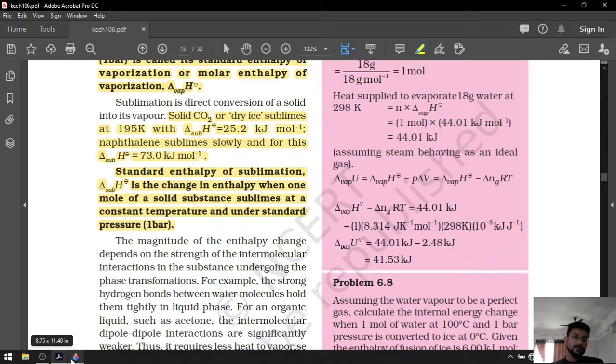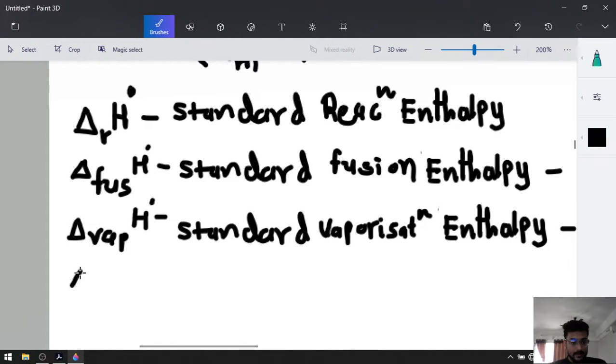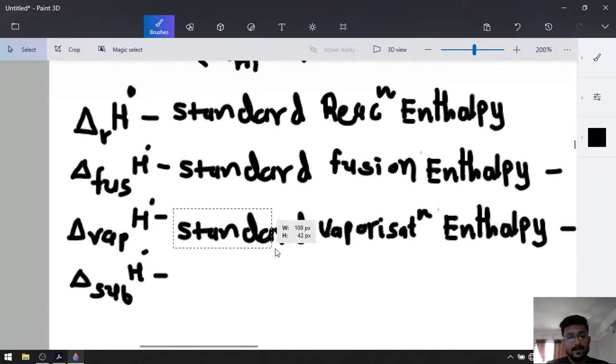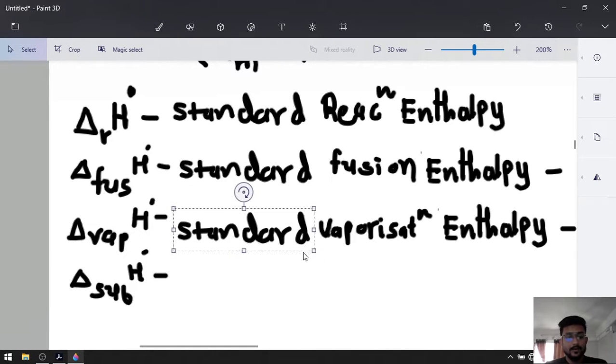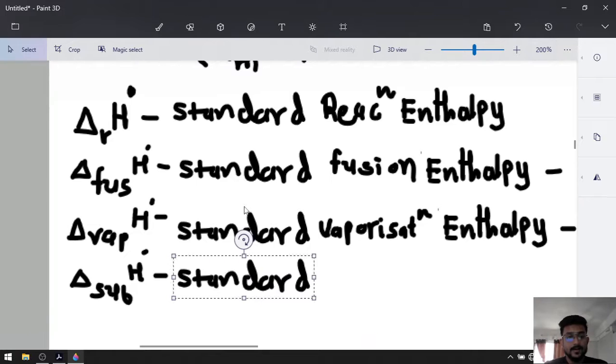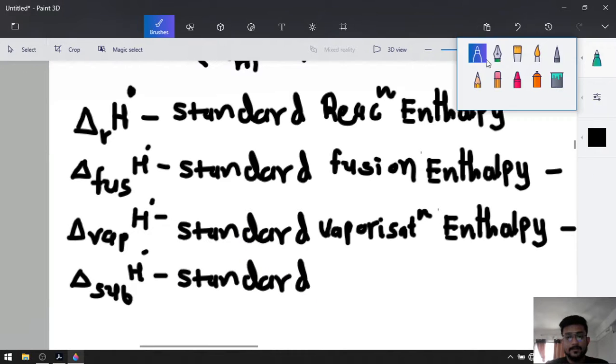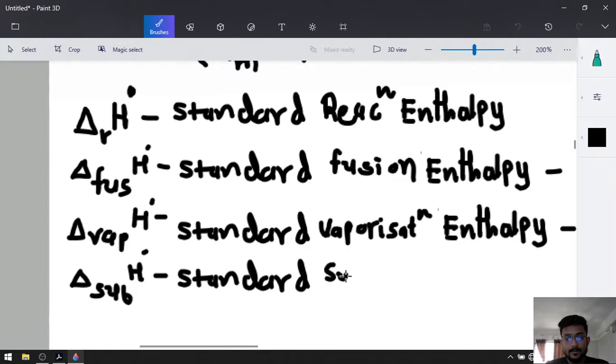Okay, so now sublimation enthalpy. Delta sub H naught is the symbol of the sublimation enthalpy. Okay, it is a standard value, that's why we have denoted it by a dot over the head. Standard sublimation enthalpy.